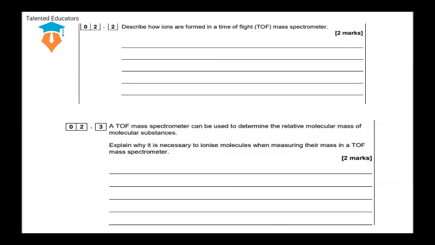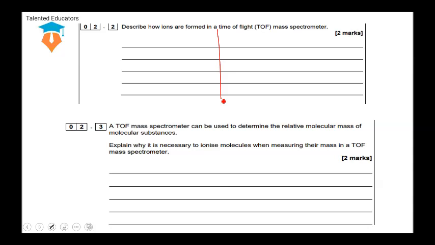Last 2 questions. Describe how ions are formed in a time of flight mass spectrometer. You're going to have 2 answers in the mark scheme because there are 2 types of methods due to the ionization process. So we have electrospray.